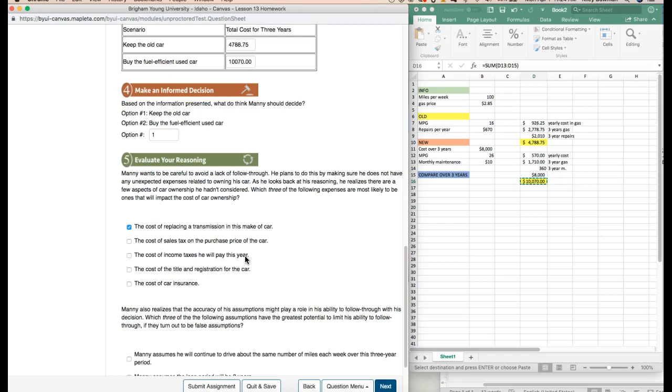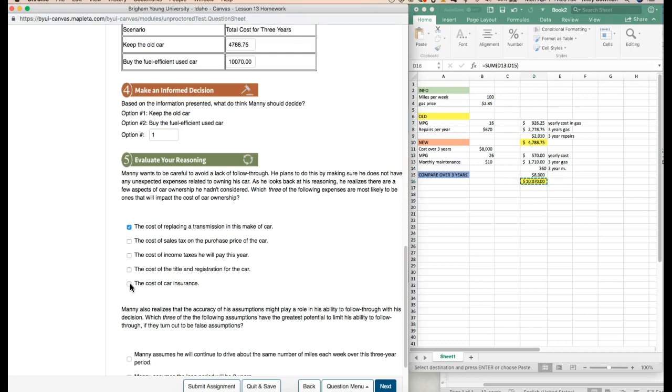Now it might affect his budget, but we're just working in this one, so I'm not going to worry about that one. The cost of title and registration for the car, that does affect it, and it is pertinent to this information. However, it's not going to be a dramatic cost that will affect this, so I'm not going to worry about that one quite so soon, because that's not too much, and it's asking for the ones that will impact the most.